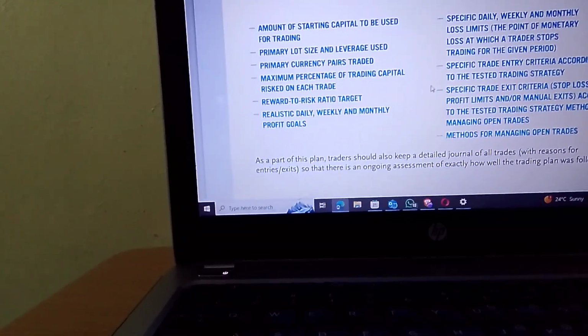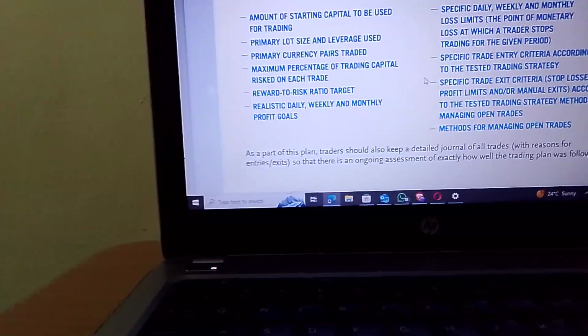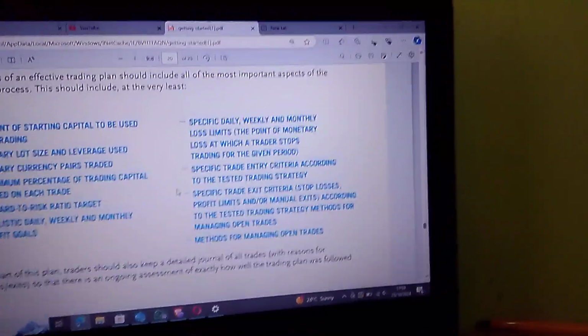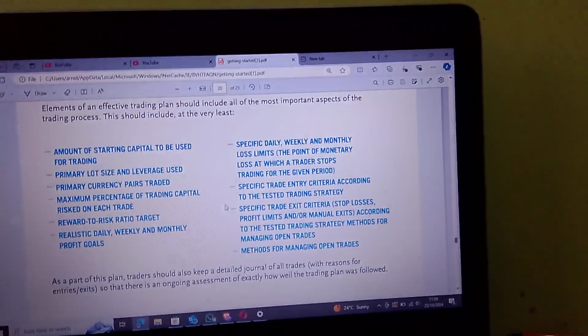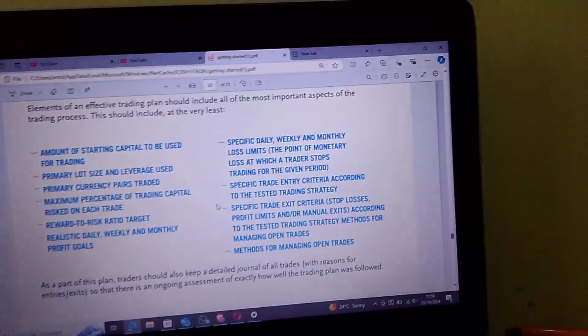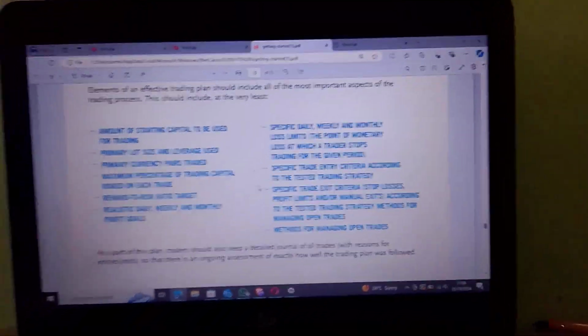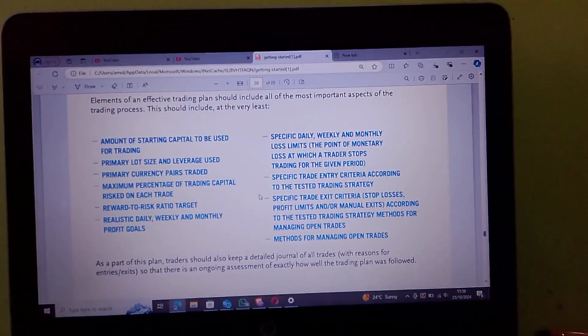All that you have to keep in mind before you start to ensure that you have a good plan, and you keep yourself in line. When you're making lots of losses, you sit down, wait a moment, pause, and re-strategize. Specific daily, weekly, and monthly loss limits.